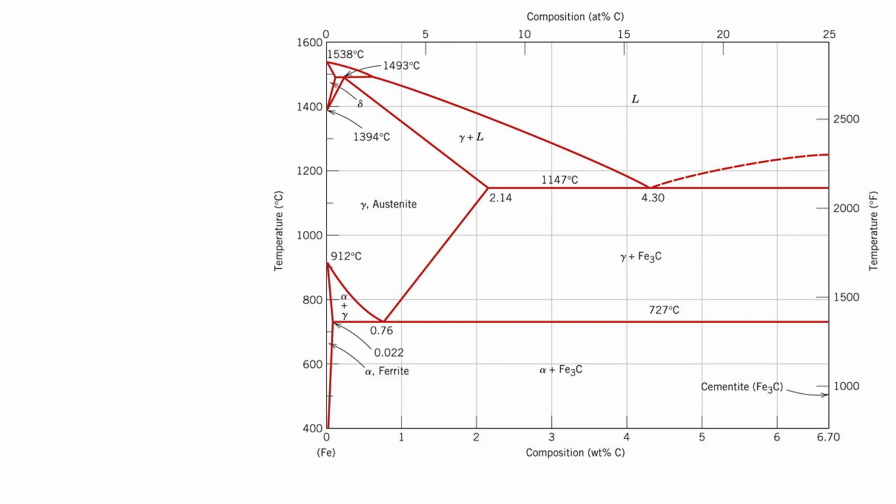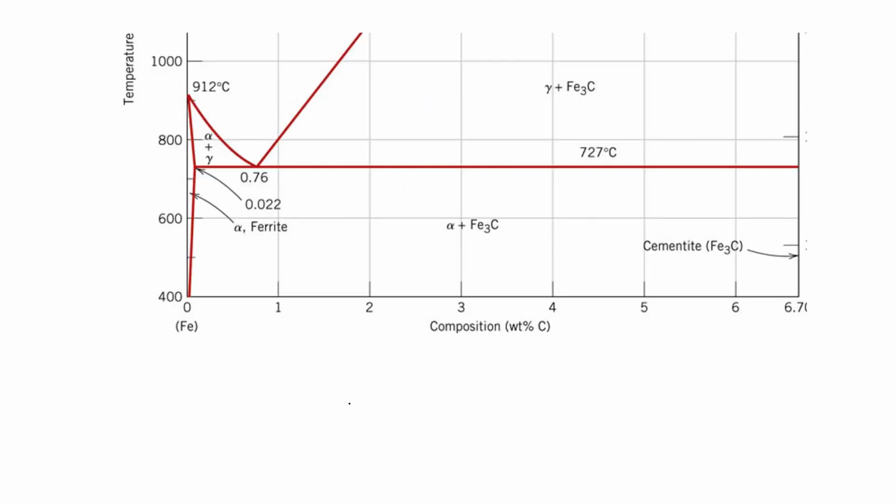But to work this example problem, I think what we're going to do is skip to the next page, because really we only need just this part of the phase diagram for steels. So I'm going to blow up that section of the phase diagram.